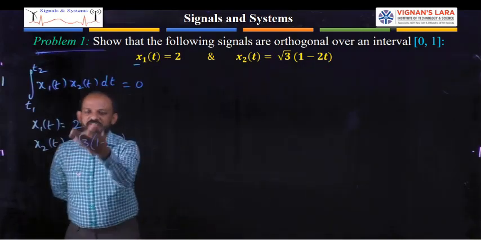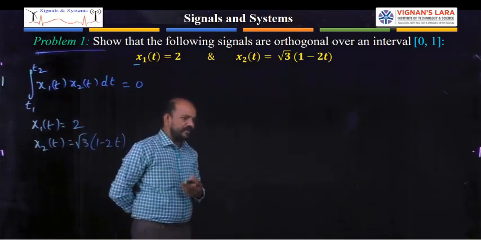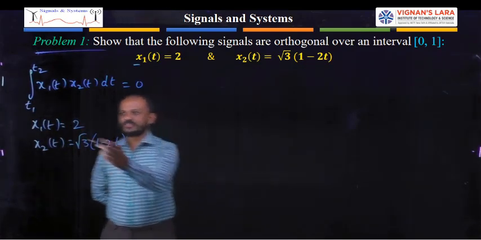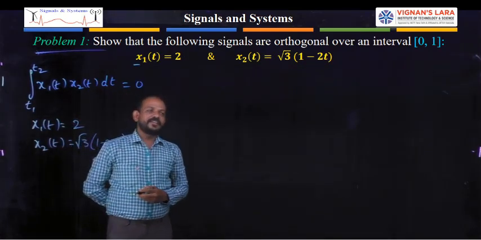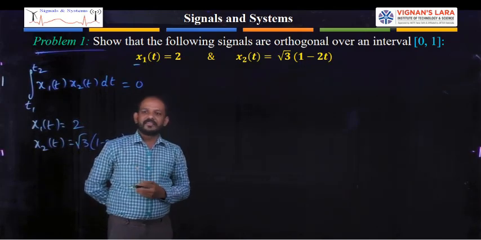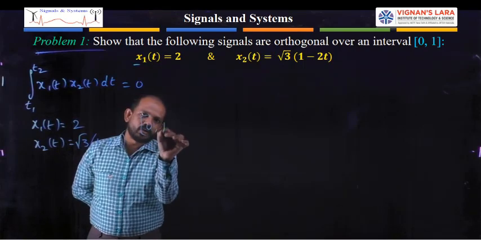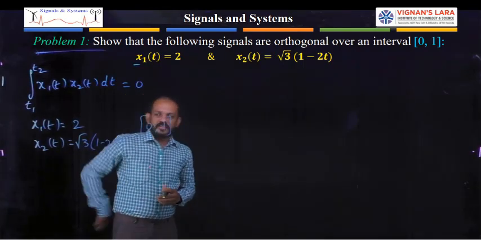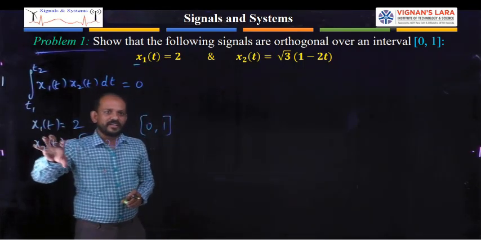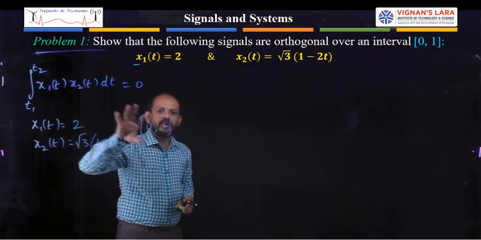These are the two signals, and I have to prove they are orthogonal. For that I need an interval. Here they have given the interval as 0 to 1. So these two signals over the interval 0 to 1 are orthogonal.